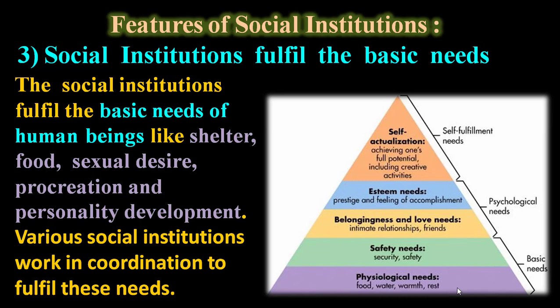The family is a very important social institution among these: shelter we get from the family, the house, and then food, sexual desire, procreation, and personality development. These are the basic needs of human beings, and various social institutions work in coordination to fulfill them.